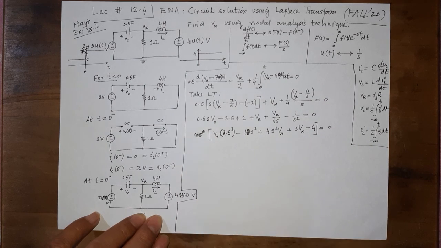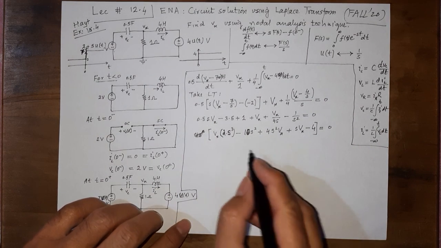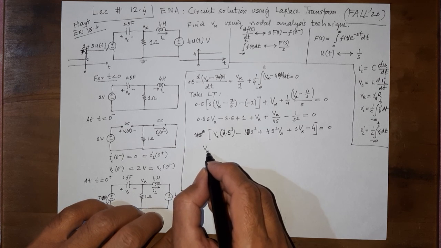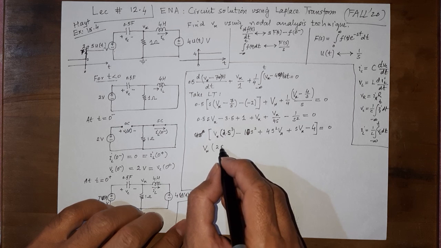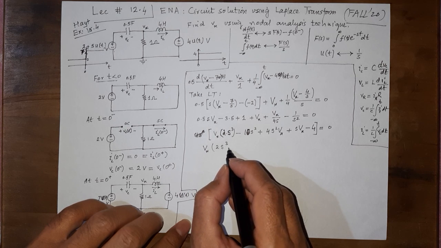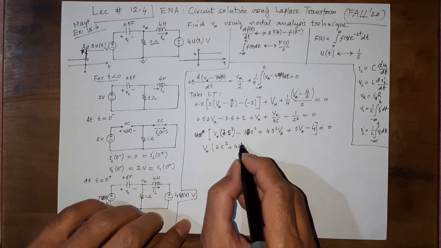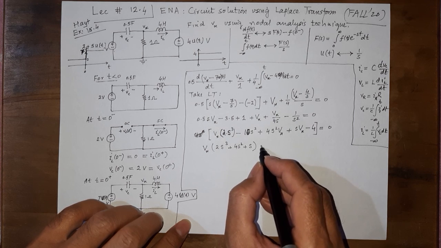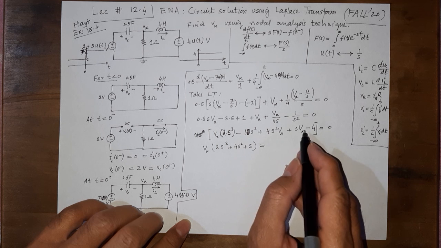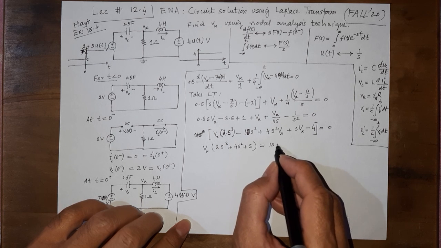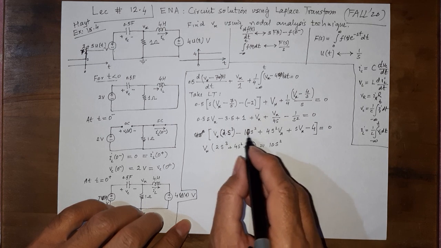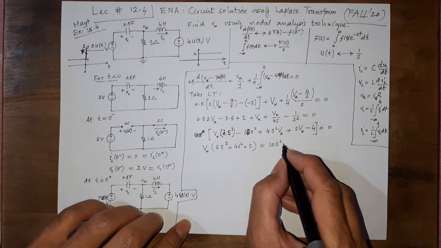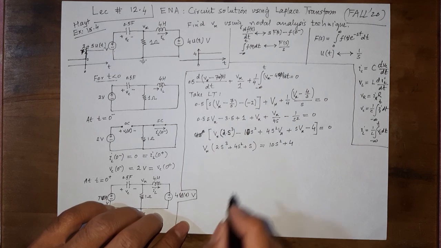So this bracket is of no use here. Now we can write Vx taken common, 2s cube plus 4s square plus s, and the terms that do not have Vx in them can go to the other side, 10s square plus 4.